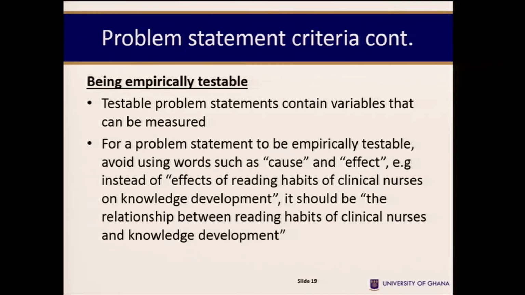So for a problem statement to be empirically testable, you have to avoid using certain words, such as cause and effect. For example, instead of effects of reading habits of clinical nurses on knowledge development, it should be the relationship between reading habits of clinical nurses and knowledge development in nursing.